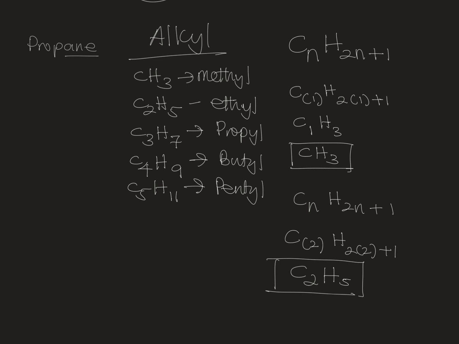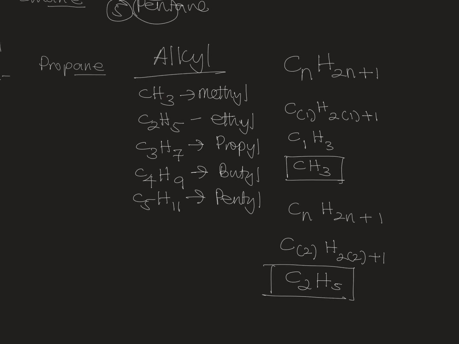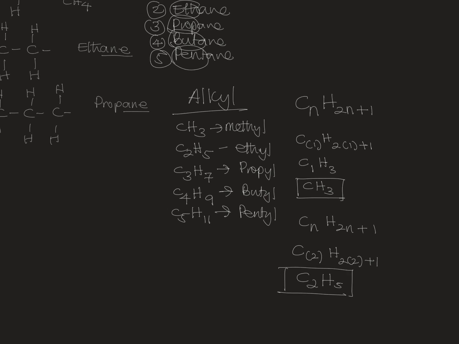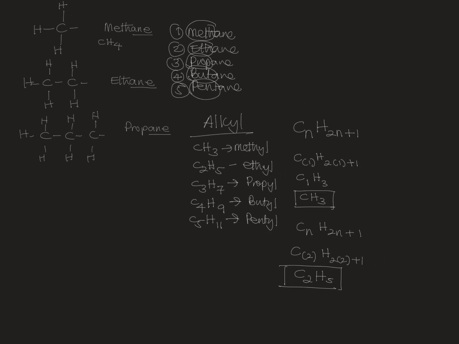Eth, something that carries 2 carbons. Prop, something that carries 3 carbons. But, something that carries 4 carbons. And pent, something that carries 5 carbons. All right? Now, I believe this is a good introduction to organic chemistry. So we will now move on to see what we can do with the question that we have.